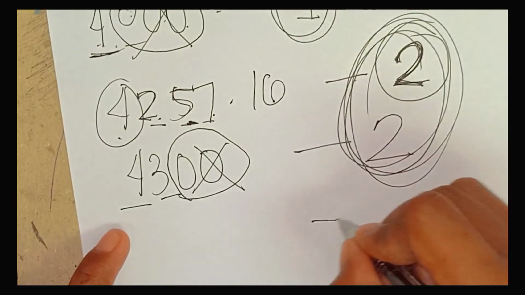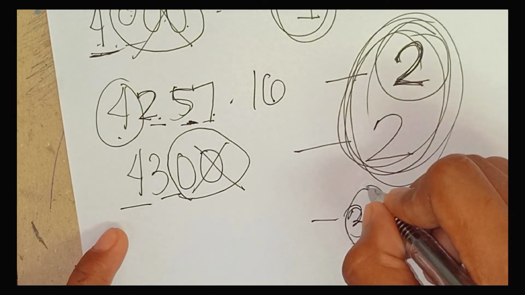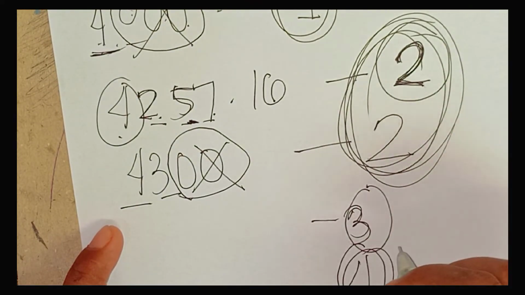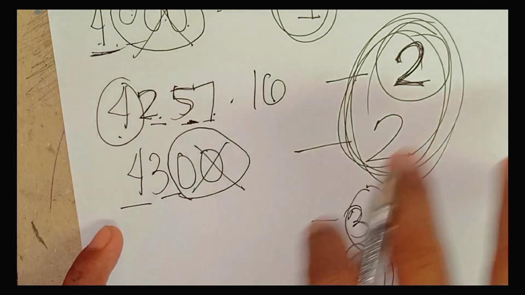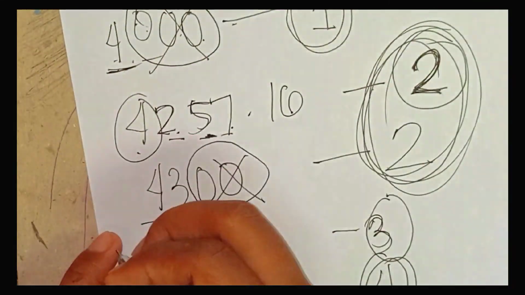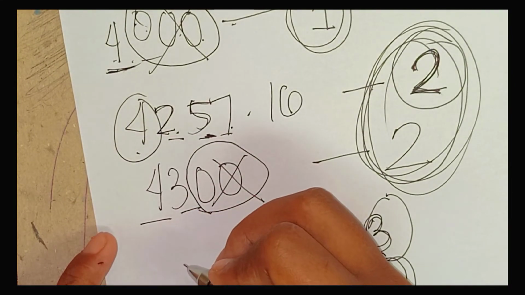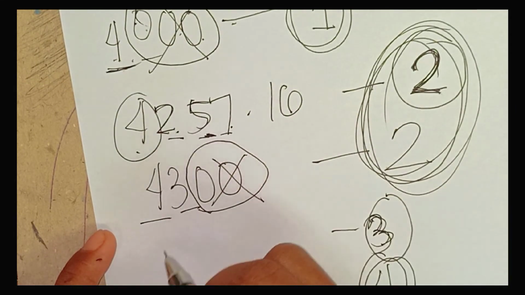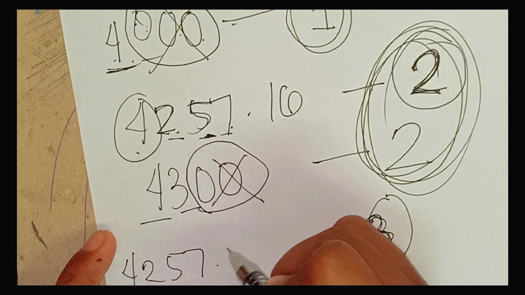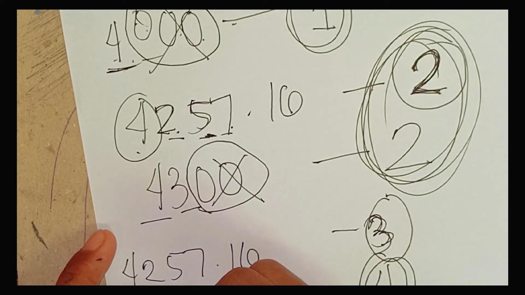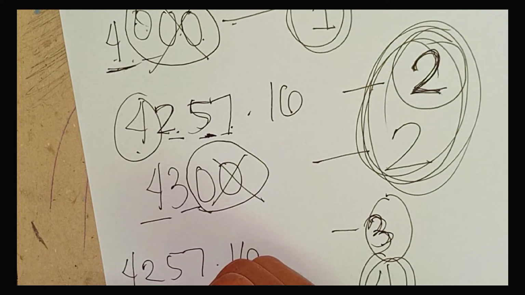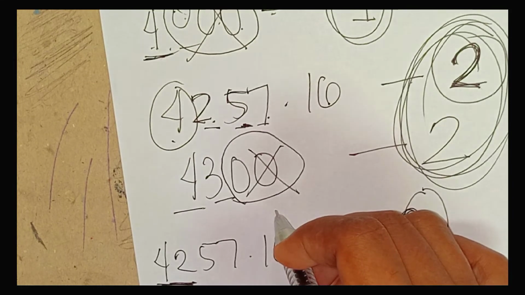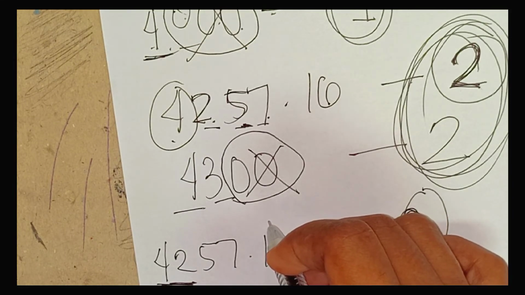Next, let's try 3 sig figs. To round it to 3 sig figs, the first two numbers are 42. We decide whether to keep the 5 or round it off.